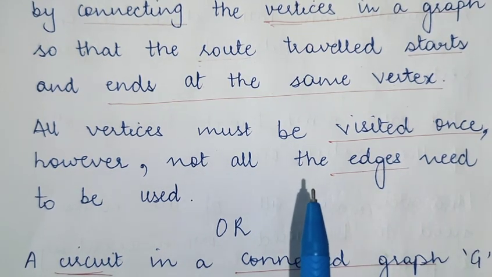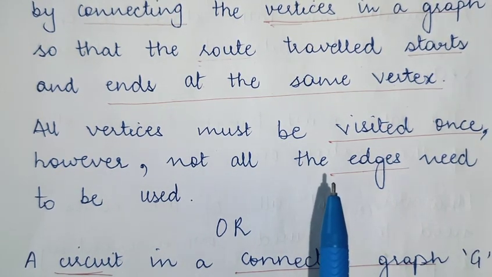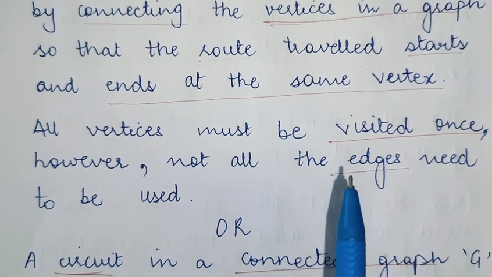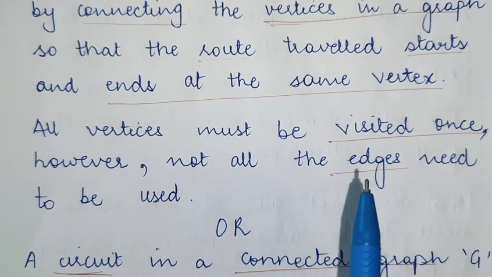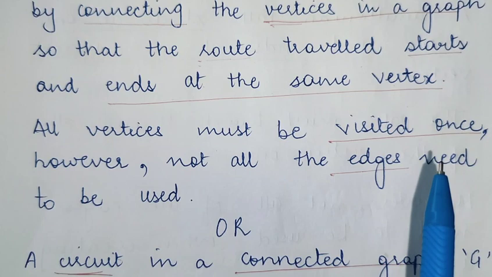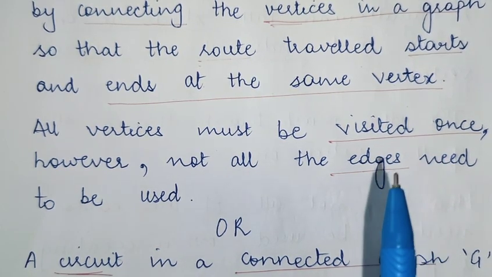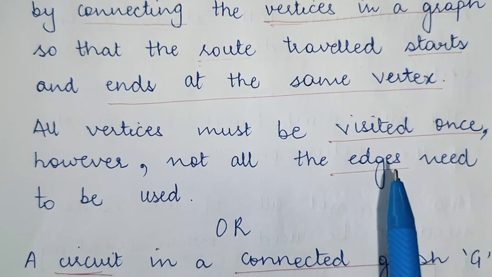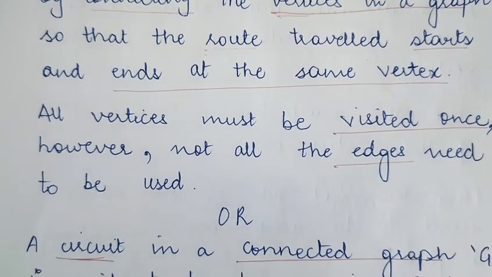That means it is not necessary. So while finding such a closed walk, all the vertices need to be visited once, but not all edges need to be visited once. In simple language, you need to cover all the vertices of the graph, but you do not need to cover all the edges of the graph.